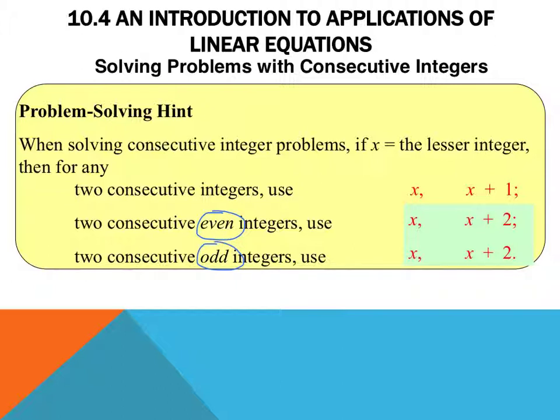Odd integers are also every two numbers, it's every other number, so that is also going to be x and x plus 2. So remember, if they're even or odd, it's still x plus 2. If it's consecutive, meaning every single one, then you just add 1 to get the next one.